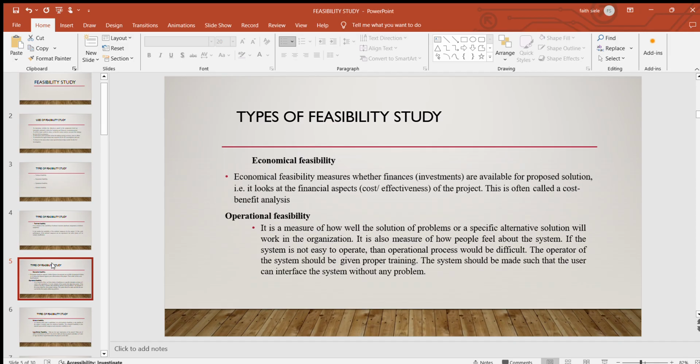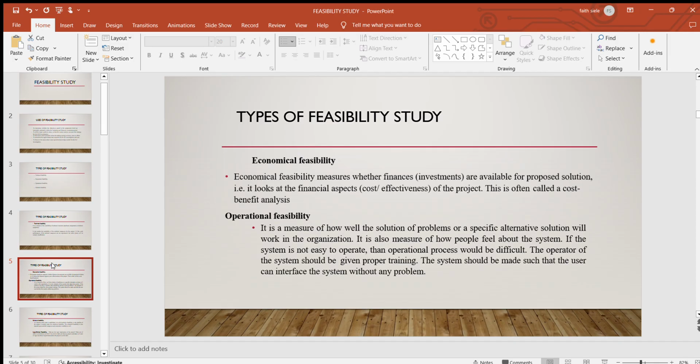Yeah, so under operational feasibility, we can see that it evaluates if the proposed system aligns with the organization's existing business process and even, let's say, workflows. It also assesses the likelihood of users adopting and using the new system effectively.